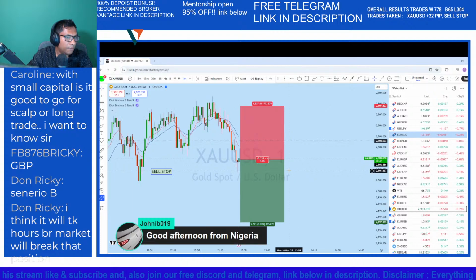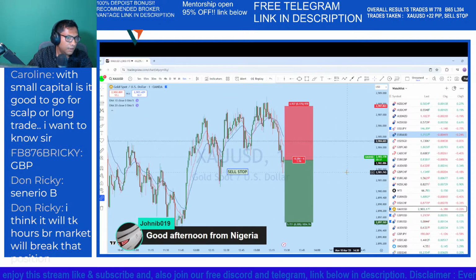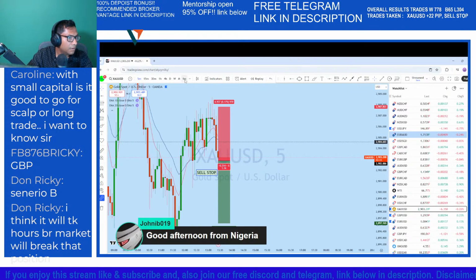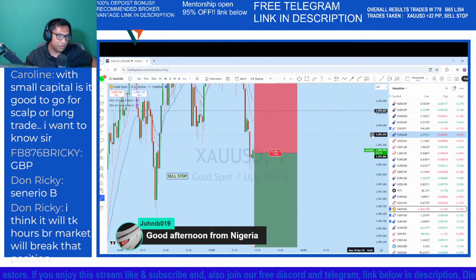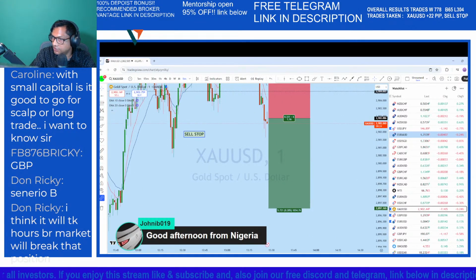Now, there is a dodgy here. With the dodgy formation, what we can expect is for this market to break below and trend in that direction.